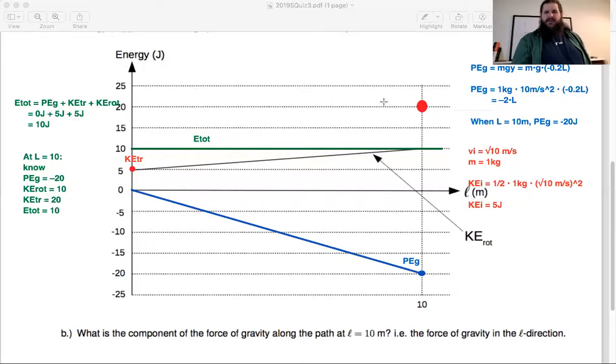In between those, what shape should we expect the kinetic energy graph to be? Just a straight line from 5 to 20. Yeah, why should we expect a straight line here?